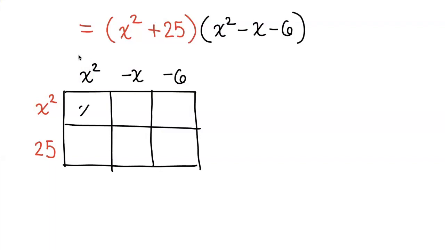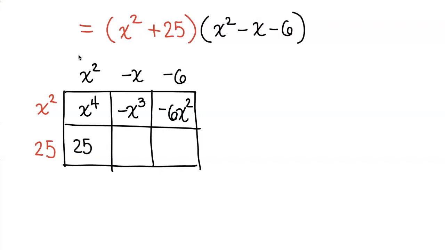So I have x to the 4th power here. Next, I'm multiplying negative x by x squared. That is negative x to the 3rd power. Next box, I'm multiplying negative 6 times x squared. That is negative 6x squared. Go to the bottom.